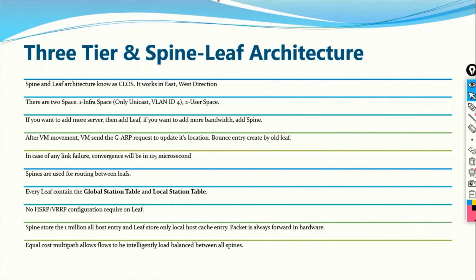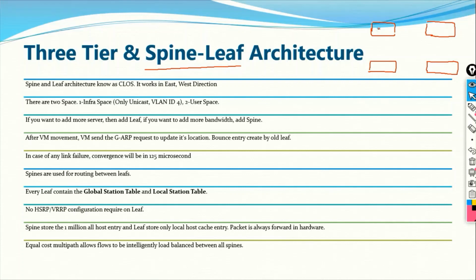So ACI works on a different architecture, called spine and leaf architecture, or spine and leaf switches. There are two layers of switches. Cisco ACI supports two-tier architecture.